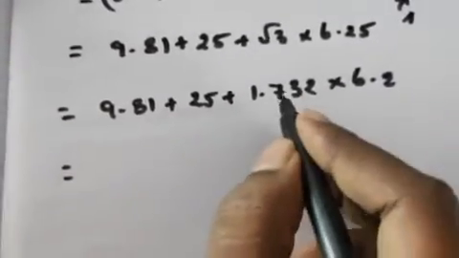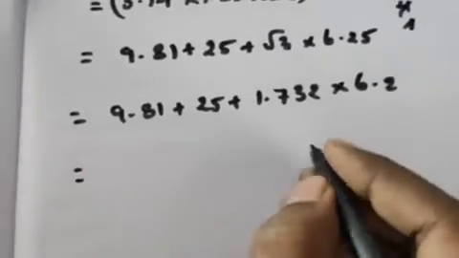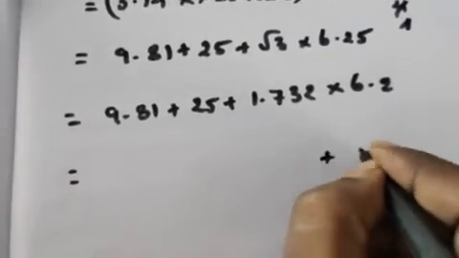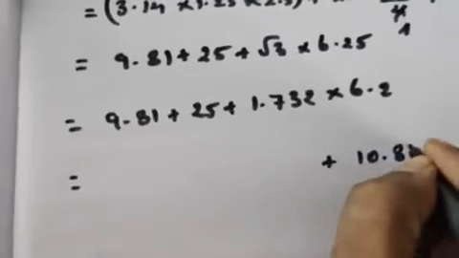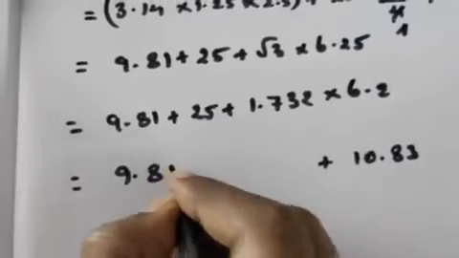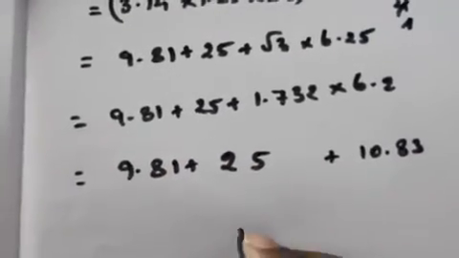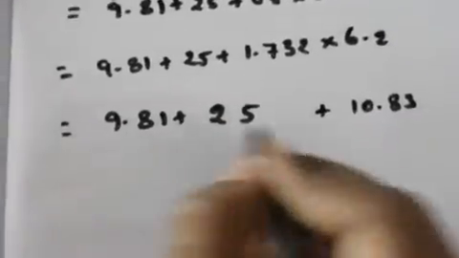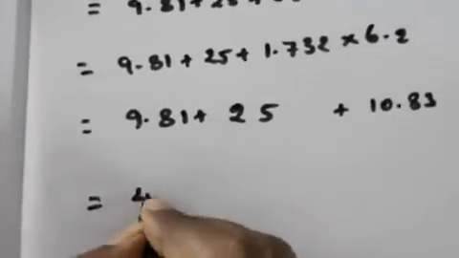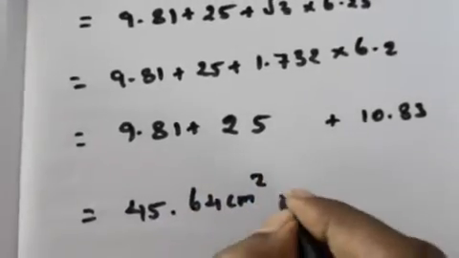Now, multiply the product of 1.732 and 6.25, which is 10.83. The remaining will be 9.81 plus 25 plus 10.83. Now the sum of all these things is equal to 45.64 centimeter square approximately.